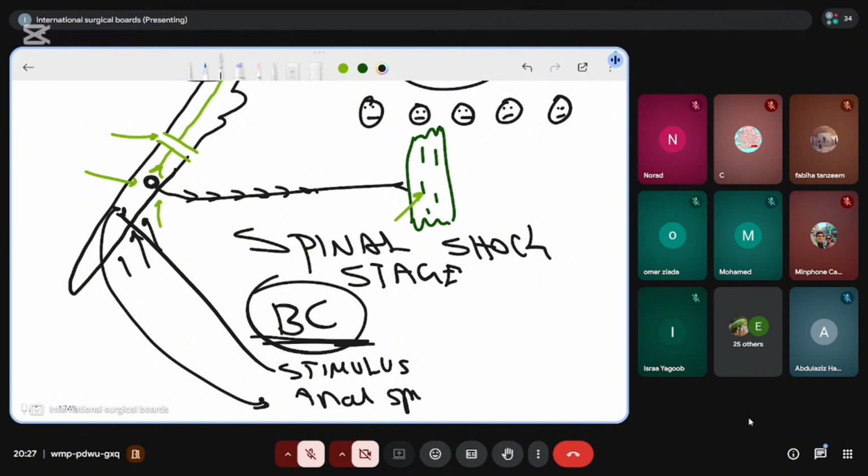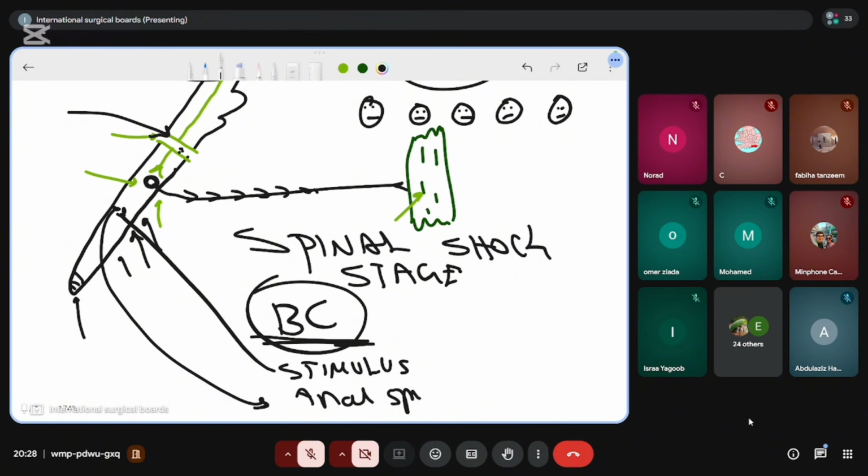Okay, then we come to the conclusion. If the spinal cord is completely cut here, when you go to the sacral segments, S4 and S5, the last caudal segments of the spinal cord, do you think these segments will be under the control of higher centers?